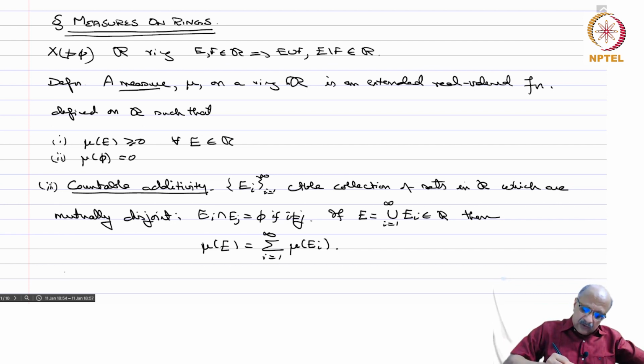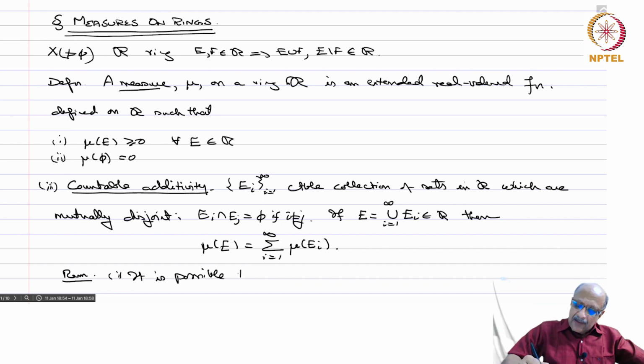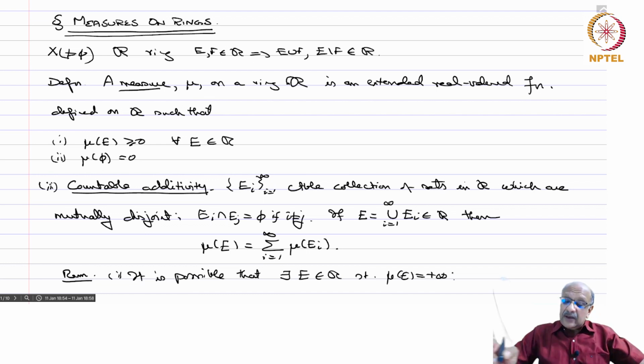So we have, as usual, several remarks based on this definition. First of all, it is possible that there exists E in R such that mu of E is infinite, because it's an extended real valued function.